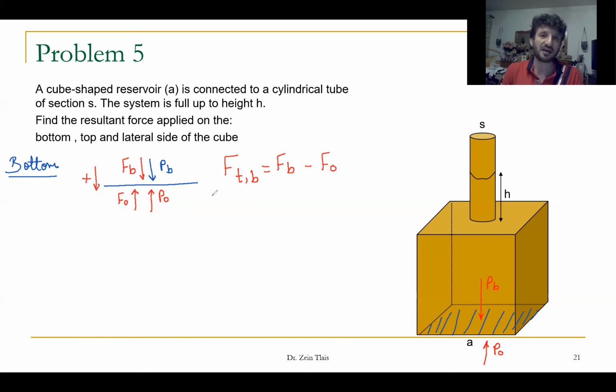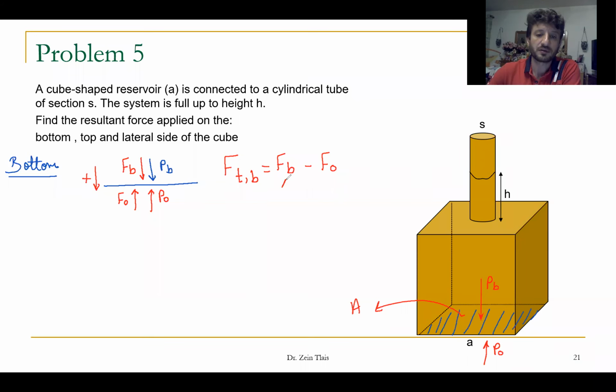We can get the total F applied on this wall, on this side. As we have a constant P, we can say F equals P times A, where A is the area of this side, which is equal to a squared. So first of all, let me calculate each one.